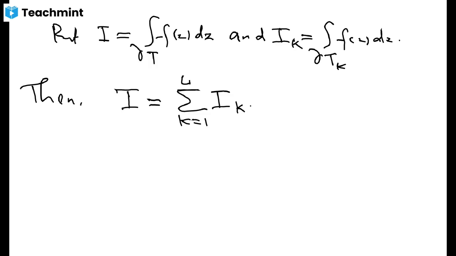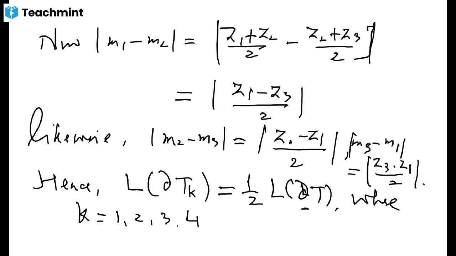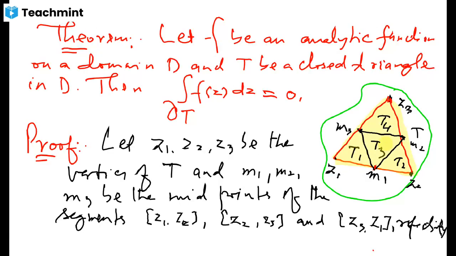See how you are able to do this. You have a triangle here. Let me change the color. I will use blue now. You are taking this direction of triangle T to integrate the function. You take the positive direction, that is the anti-clockwise direction. Now, when you write the integral over this bigger triangle as a sum of the integrals over the boundaries of all these four triangles, what are the boundaries of these four triangles?